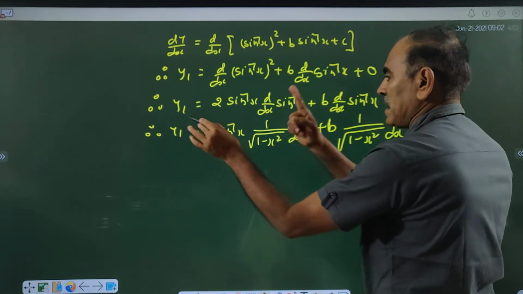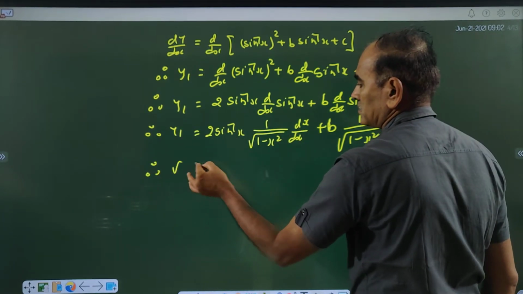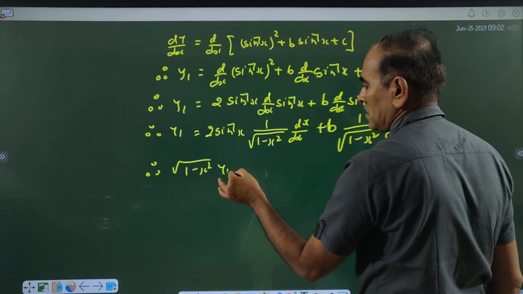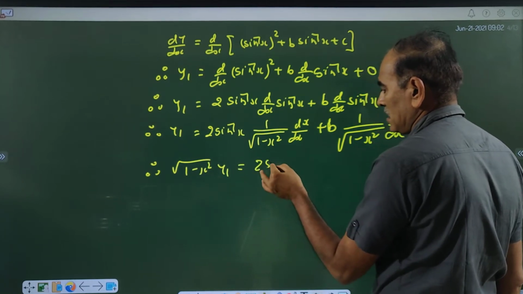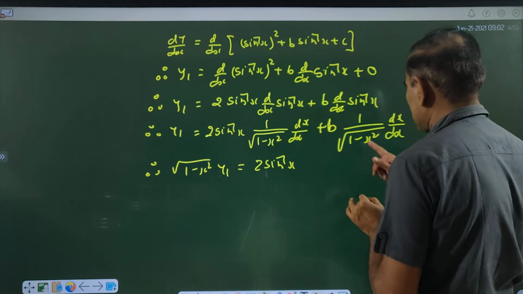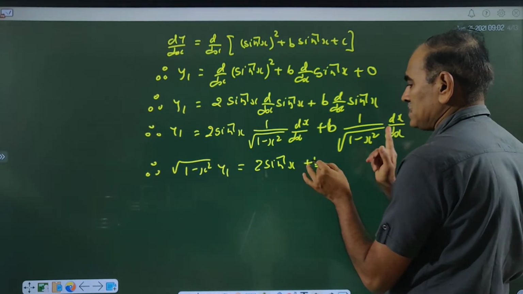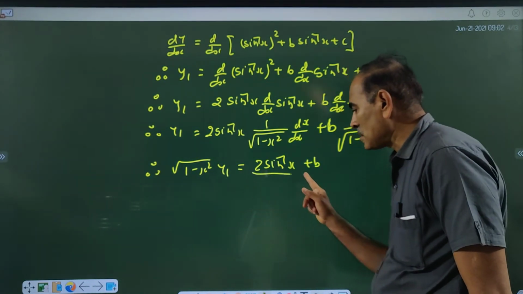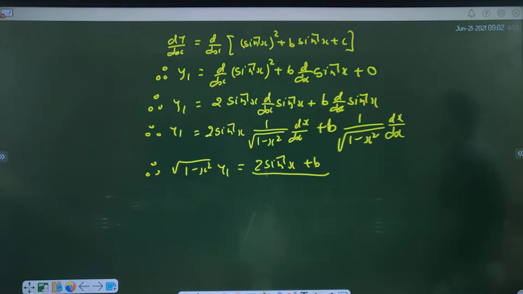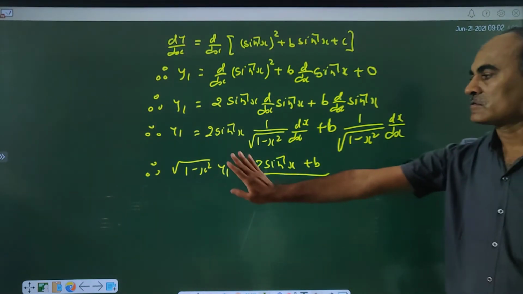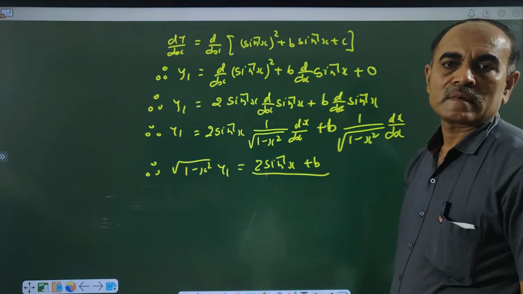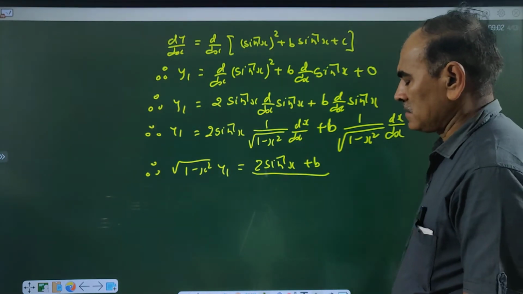Now take under root 1 minus x square to the left hand side. What we get here is under root 1 minus x square y1 equals 2 sin inverse x plus b. See, here two terms are there, so we are not going to square on both sides. Then differentiate directly.